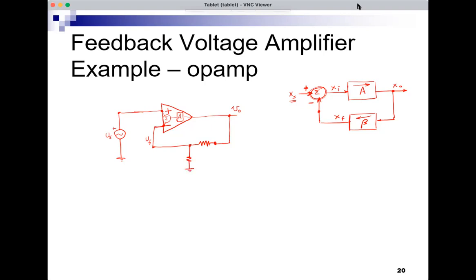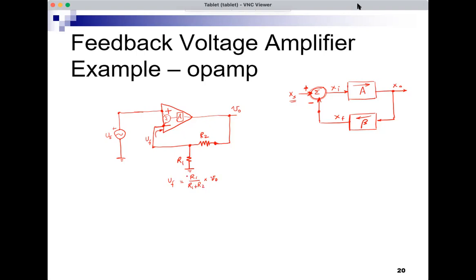Let's call this R1 and this R2. Because there's no input current into the op-amp, this voltage divider will give me VF, with the voltage divider formula R1 over R1 plus R2 times VO.